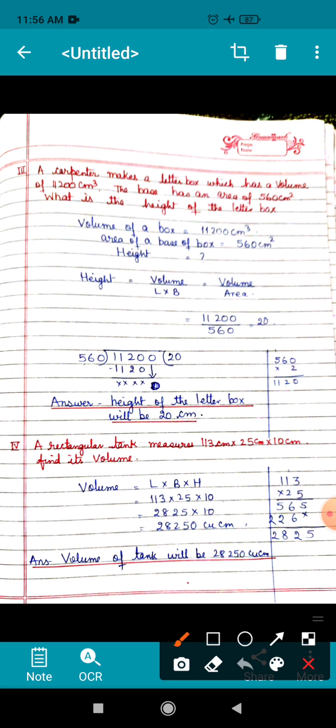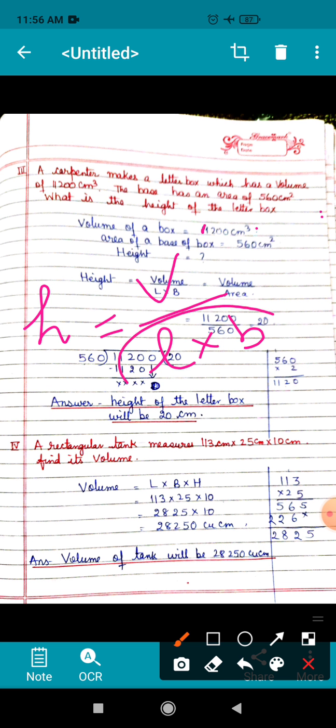Children, here you can see a carpenter makes a letter box which has a volume of 11,200 centimeter cube. The base has an area of 560 centimeter square. What is the height of the letter box? Children, what is the formula for height? Volume upon length into breadth.